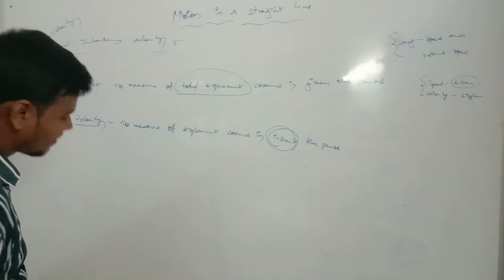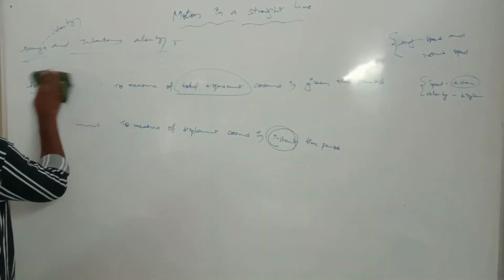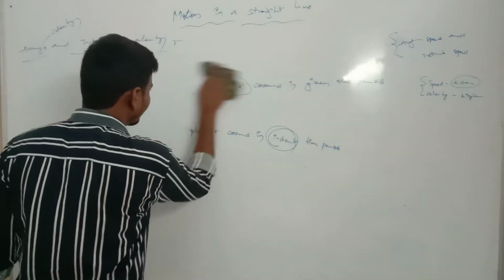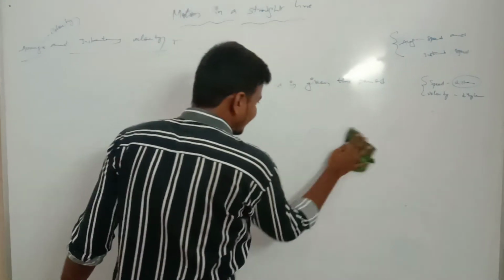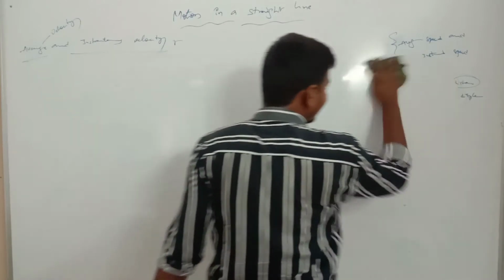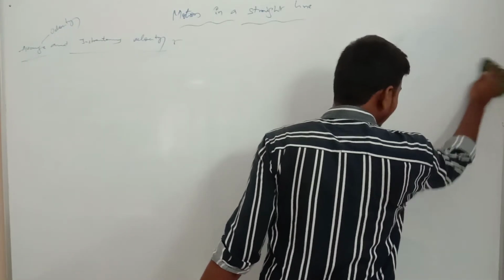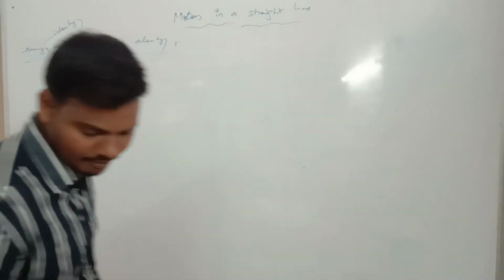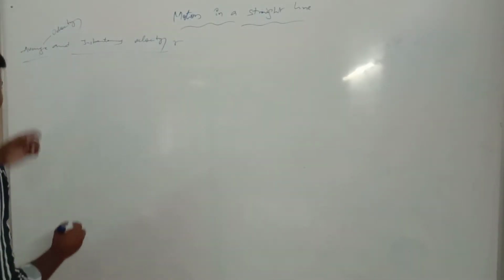Now we take some examples. For example, positions A to B, B to C, and C to D from your previous application.